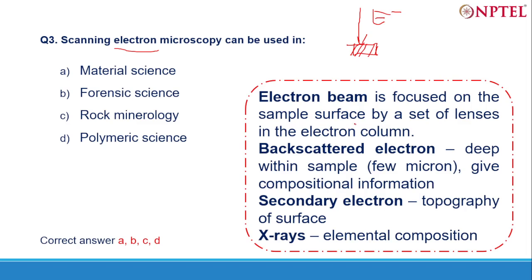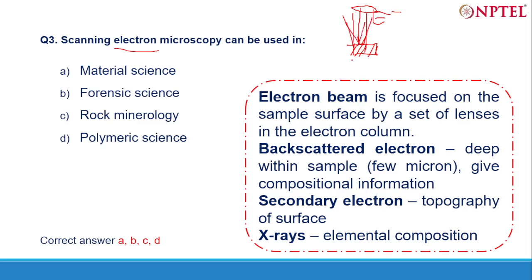The electron beam is focused on the sample surface by a set of lenses, a collimating lens, and the beams are parallel. The lenses are in the electron column, and there is some scattering here and there.